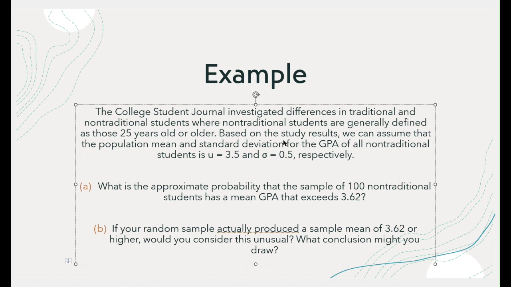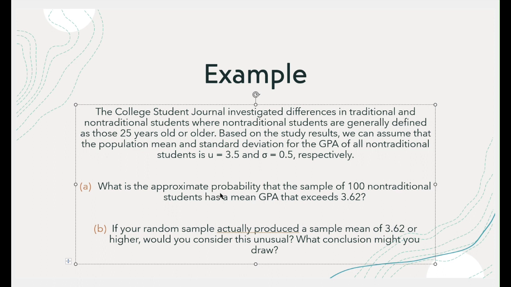Based on the study results, we can assume that the population mean and standard deviation for the GPA of all non-traditional students is mu equals 3.5 and sigma, the standard deviation, equals 0.5 respectively. So part A, what is the approximate probability that the sample of 100 non-traditional students has a mean GPA that exceeds 3.62, right?